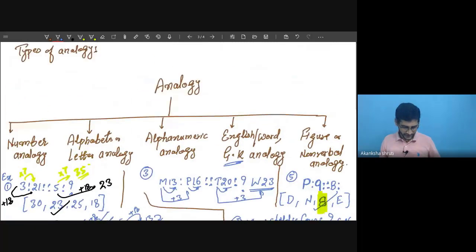So now let us go for the number analogy. Students, let us take the first one, very important. It is our number analogy.